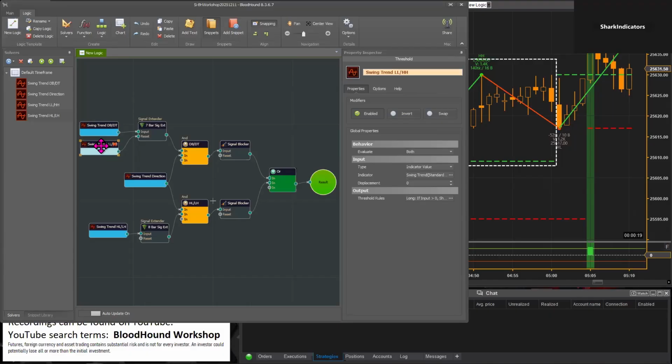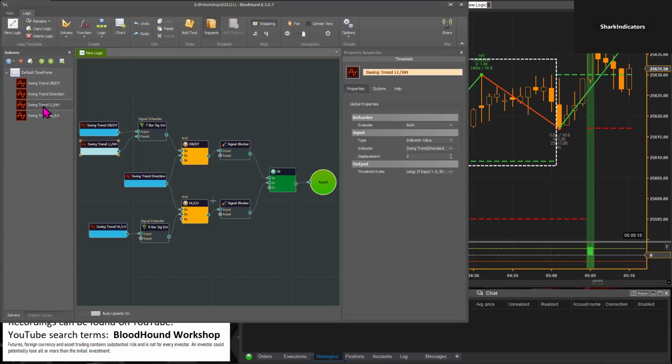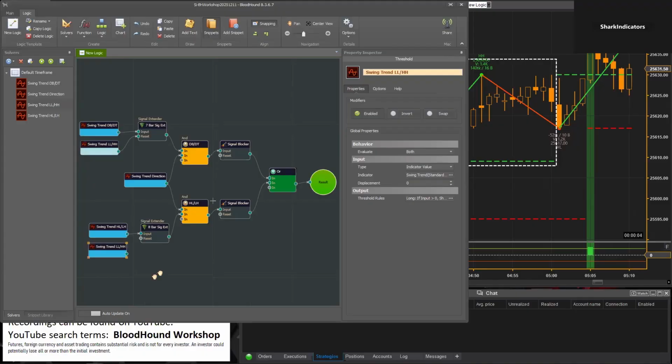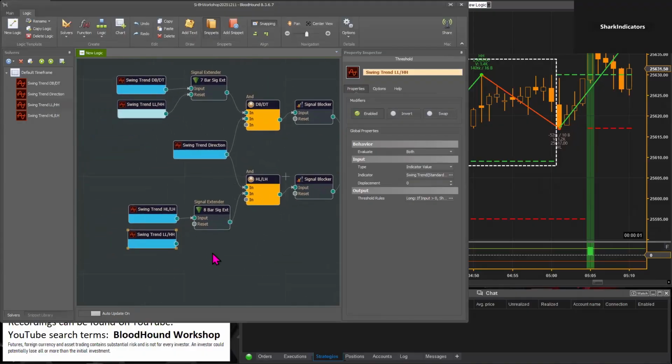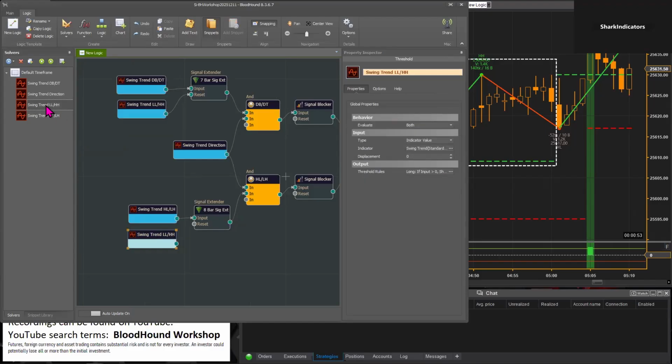So if we want to do that, what I'm going to do is take the solver from here and drag it down. Now, the one thing to note here is this solver and this solver are both the same solver. They're both this solver right here from the master list.